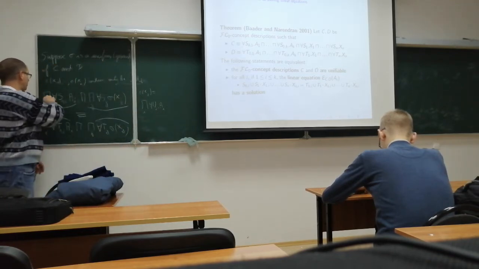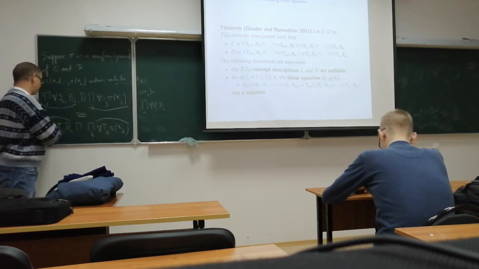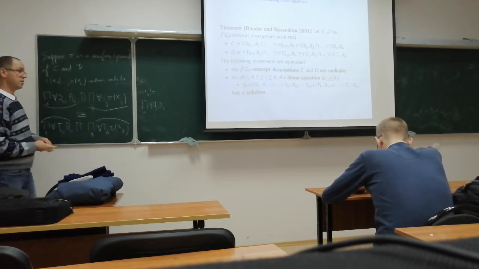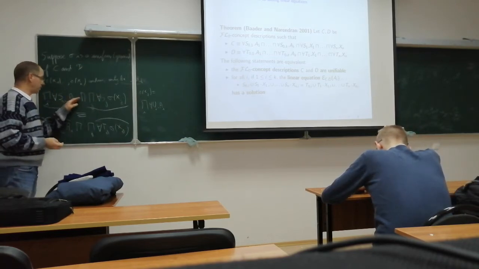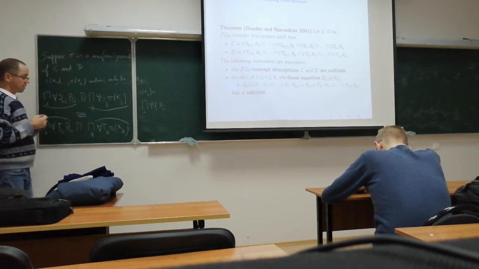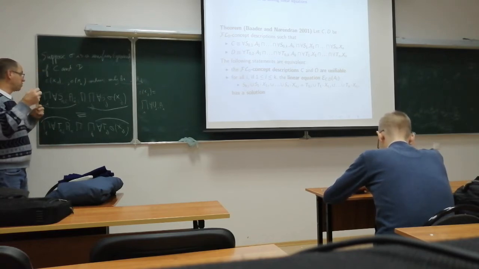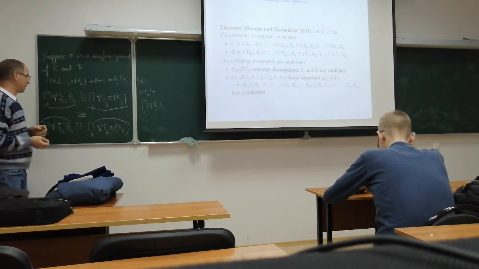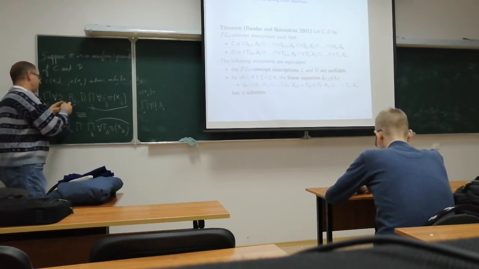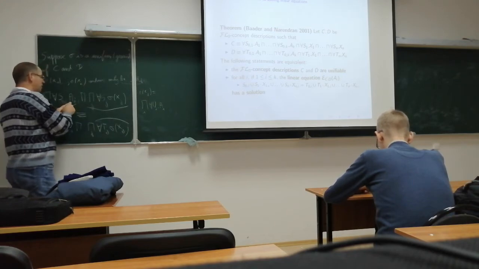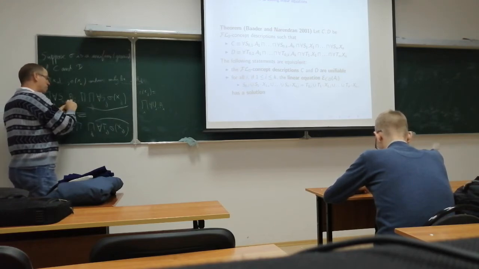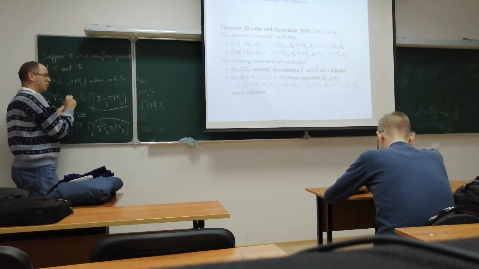Now, it means that here we have a long conjunction of boxed parameters here and there. This conjunction of boxed parameters, let us see them as modal formulas. And if we choose one arbitrary parameter, for example, A1, and suppose we replace all other parameters by the constant true.